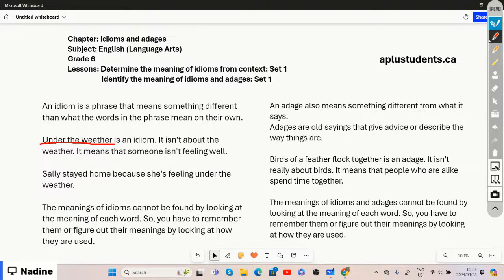That's a phrase. It's a group of words standing together and they mean something. That is what a phrase means.